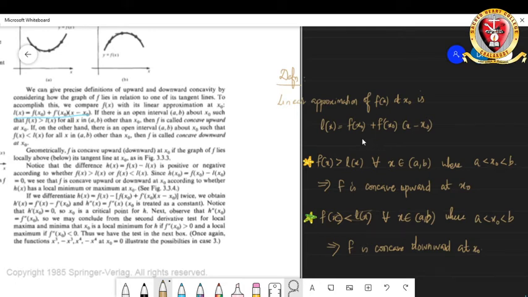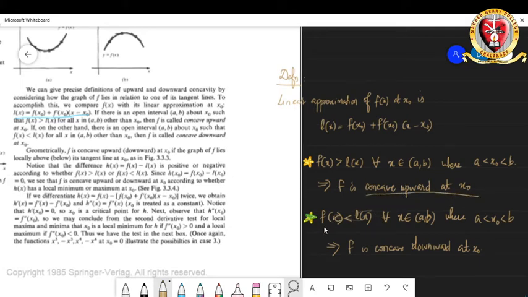That means f of x naught minus L of x naught is strictly greater than 0. At that point, we say that f is concave upward at x naught. That's how we define concave upward in another manner.